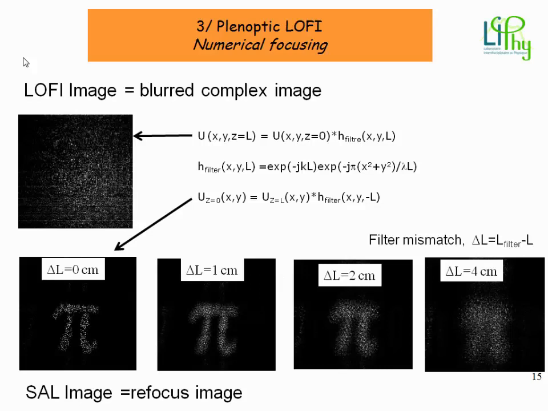When the filter is well adapted, we obtain a very well resolved image where the beads are clearly resolved and very well seen behind the P-shaped hole. So in fact, the synthetic aperture image obtained with our LOFI setup is simply a numerically refocused image after the acquisition of the raw complex image, which is shown here.